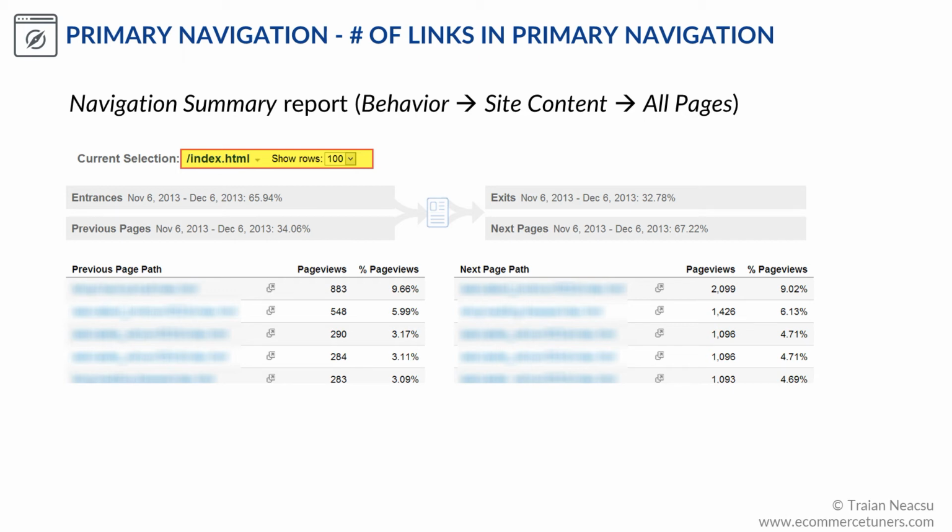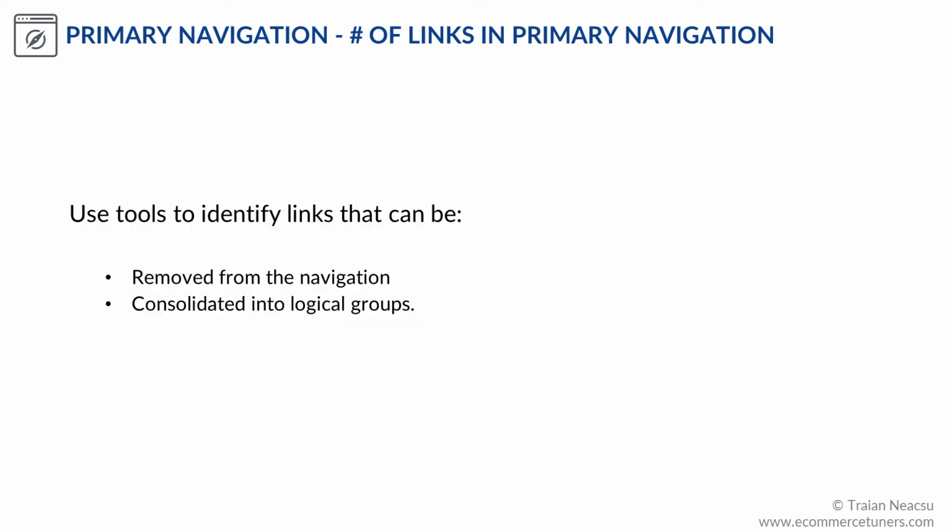You can get up to 500 data points that you can export and analyze further with Excel. Other tools such as Crazy Egg or ClickTale can do click analysis as well. No matter which tool you use, the goal is to identify links that can be either removed from the navigation or consolidated into logical groups.